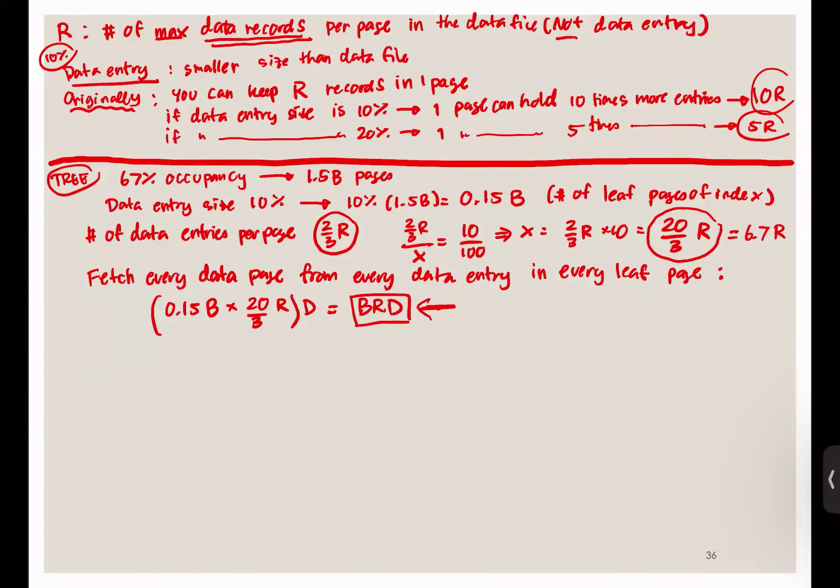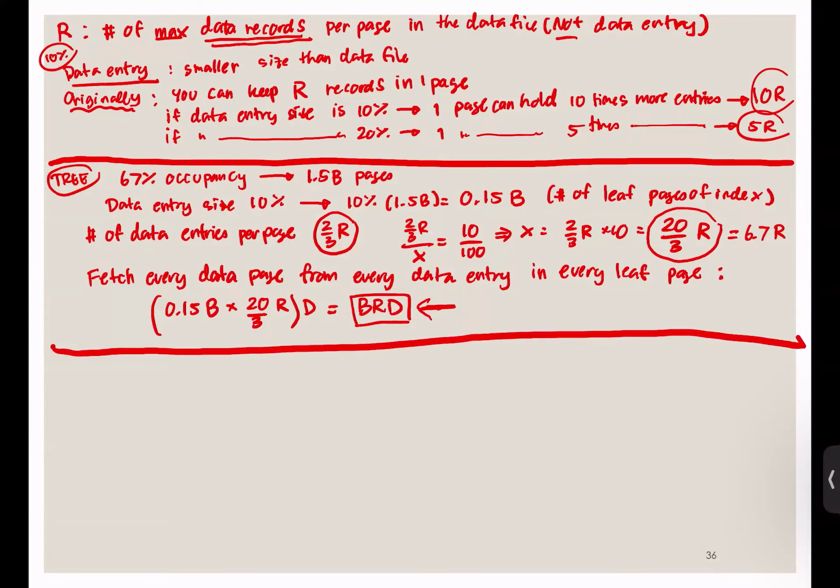So that's BRD. That's very expensive. This is what I want to show you, how we get to that expensive part. The same thing happens with hash when it is unclustered also. For hash, we assume that we have 80% occupancy. So that's 1.25 B pages.